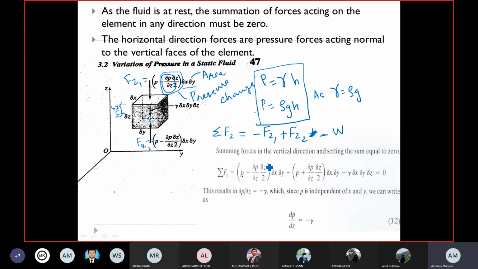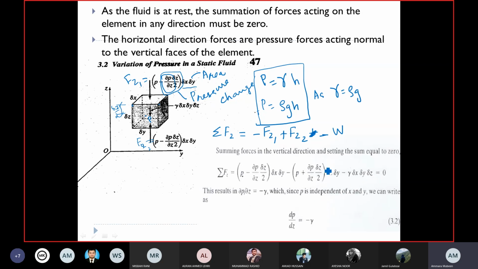And when you open these brackets, all the other parameters would be cancelled except this delta p over delta z. Or you can say that delta x and delta y would be cancelled, and only delta z would be left.